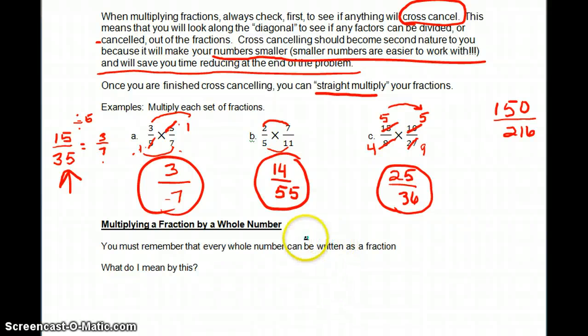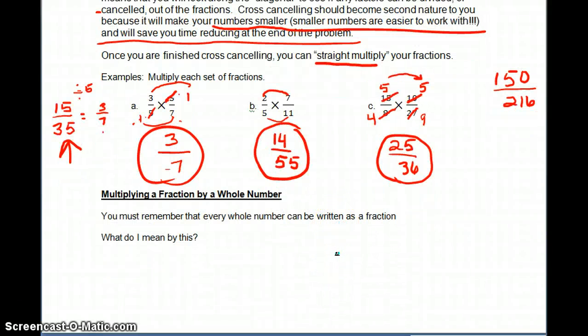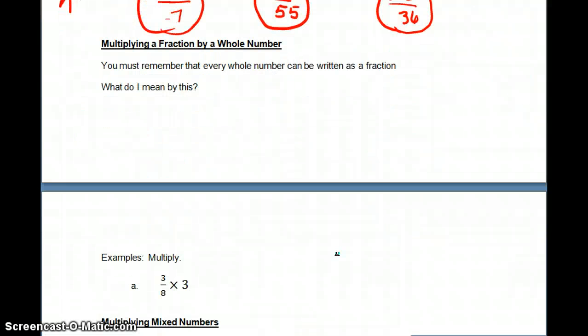Okay. So now we're going to talk about multiplying a fraction by a whole number. Now, before we start this, I need you to remember that every single whole number can be written as a fraction. What do I mean by this? I mean that if I have the number 2, it can be written as 2 over 1.